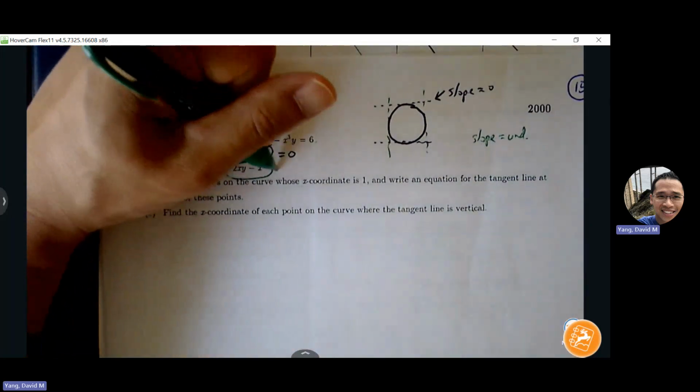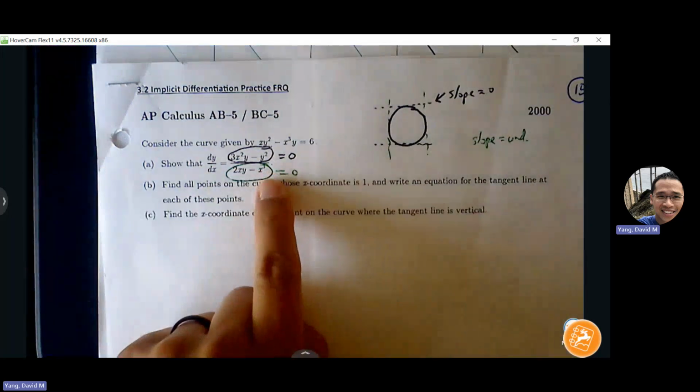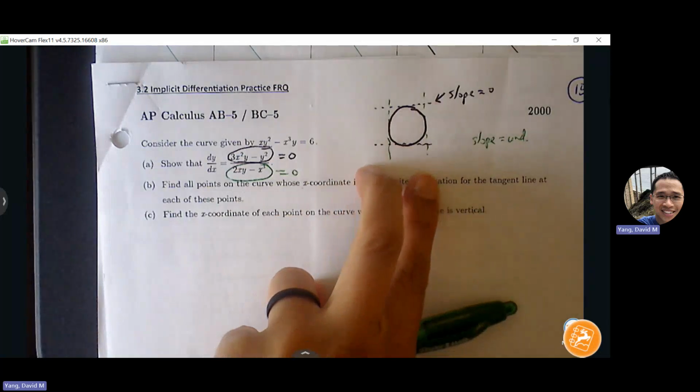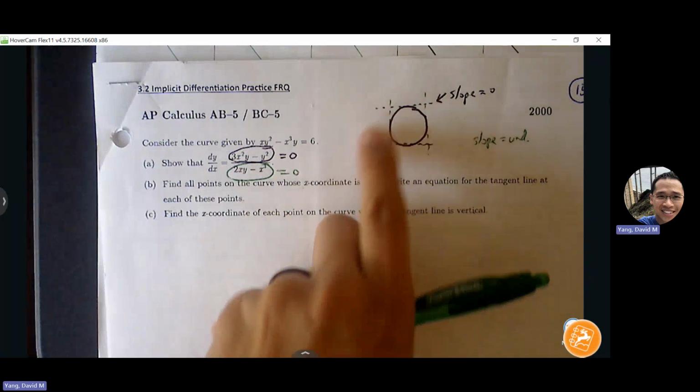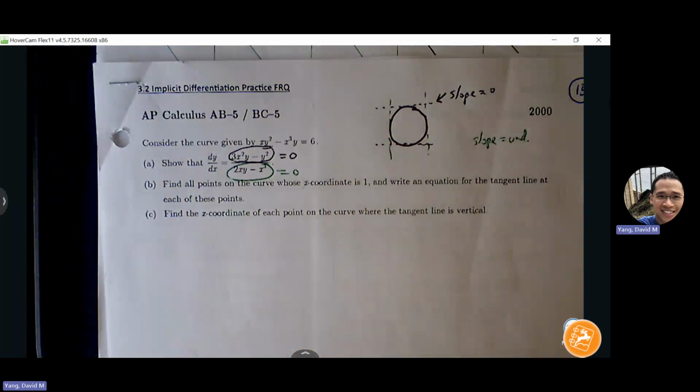If your denominator is set equal to 0, that's going to help you find the locations where the slope is undefined. If you set the numerator of the derivative equal to 0, that's going to help you find the places where slope is 0, where the graph is leveling off. You can imagine standing on a place where you don't experience any steepness.